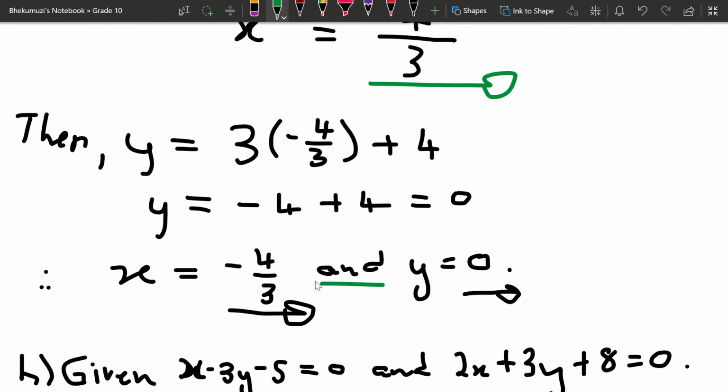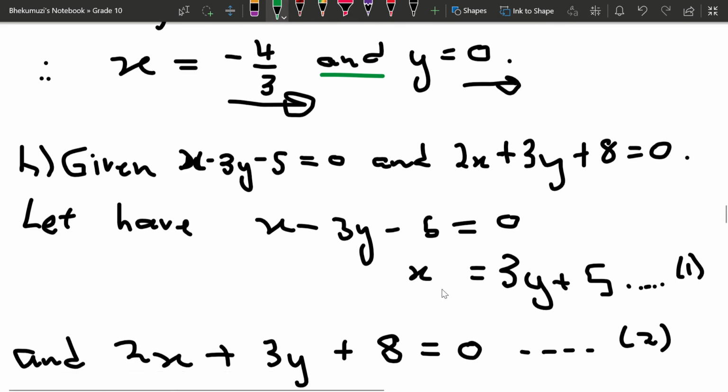If I'm saying "and", it means at the same time, if x is equal to minus 4 over 3, then definitely your y will be 0. It's not a separate thing, unlike when we're doing quadratics where we say "or", meaning that it can be either one of the two or both of them.